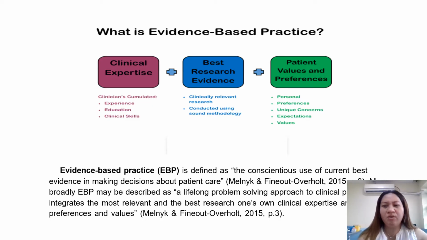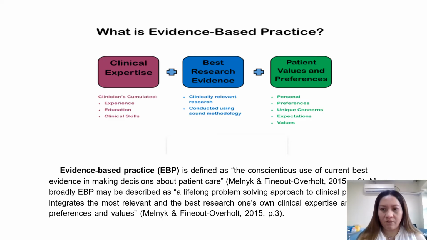Meta analysis means you gather all the possible studies, you sum everything up, and then you analyze all of their findings. And then patient values and preferences. Of course, we have to hear the feedback of the patient. Whatever their opinion is, that's always valid. And that's how we can satisfy them. And that's where we will improve our practices also. That's why this is very important. Having an evidence-based practice basis for all our procedures.